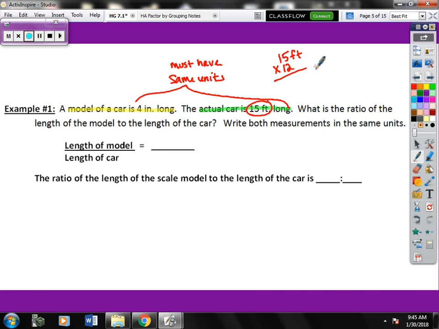What do we get? How many inches? Marquise? 180.